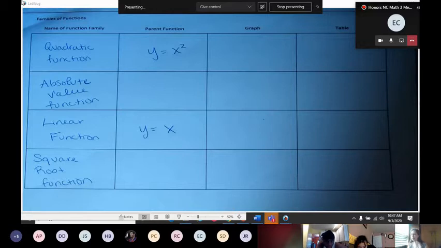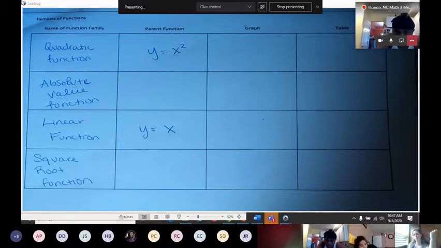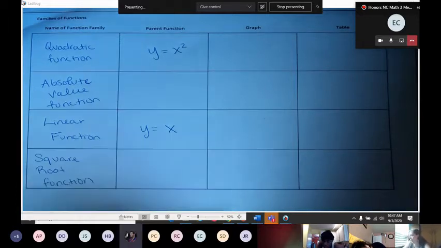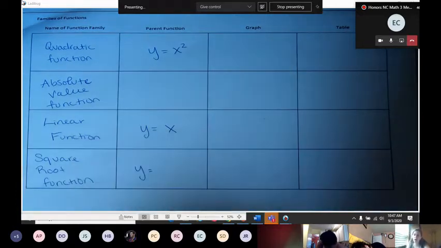Brandy, we have absolute value and square root left. Can you pick one? Okay, so we have absolute value and square root. Which one do you want to do? Square root. All right, so for a square root function, we're going to have y equals, and what's going to go over our x for a square root function?